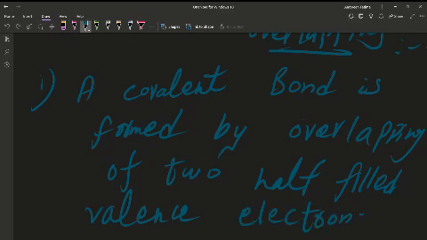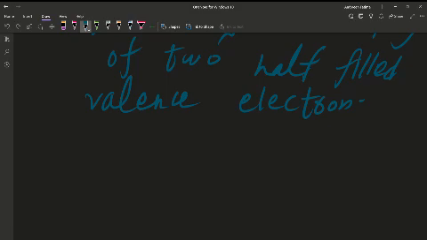Alright, so it means that this valence bond theory tells us about the overlapping of two half-filled valence atomic orbitals of two atoms, right. The electrons in overlapping get paired, right.